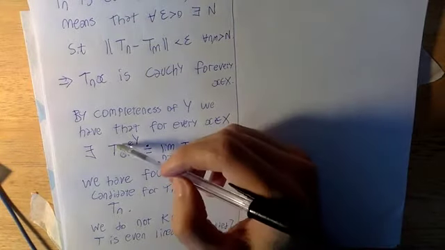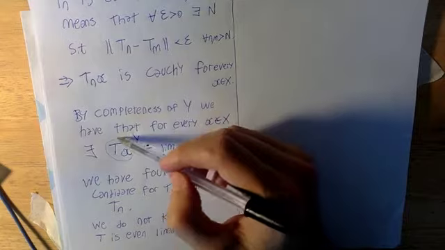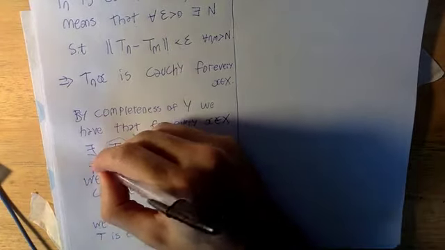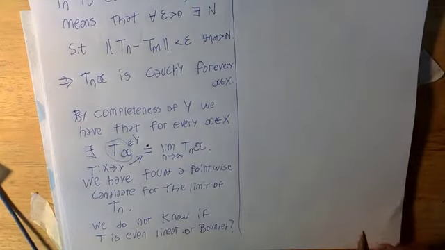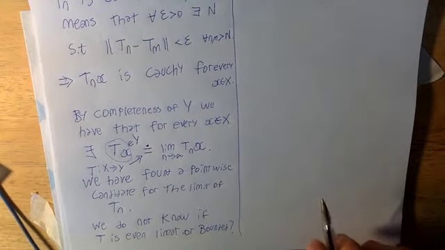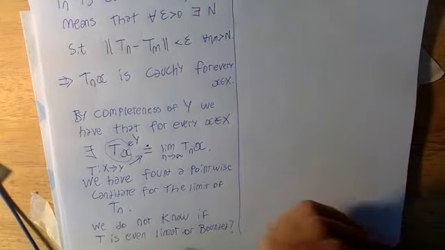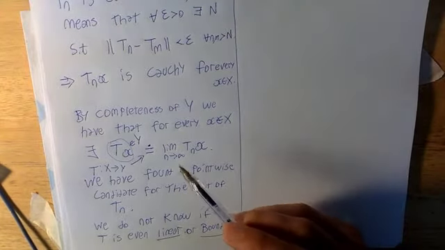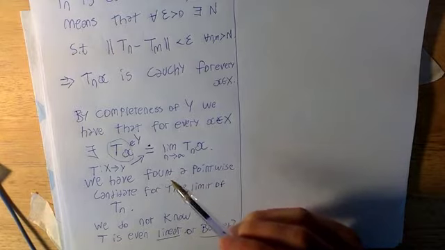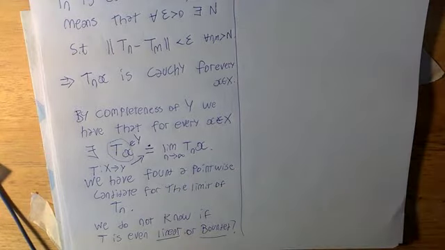This induces an operator T, where T is going from X to Y and is defined by the previous formula here. But nobody has assured us yet that T is linear or bounded. Okay, so the point that we're going to follow now is that actually it's fairly easy to see that it's linear, and it's not so difficult to see that it's also bounded.